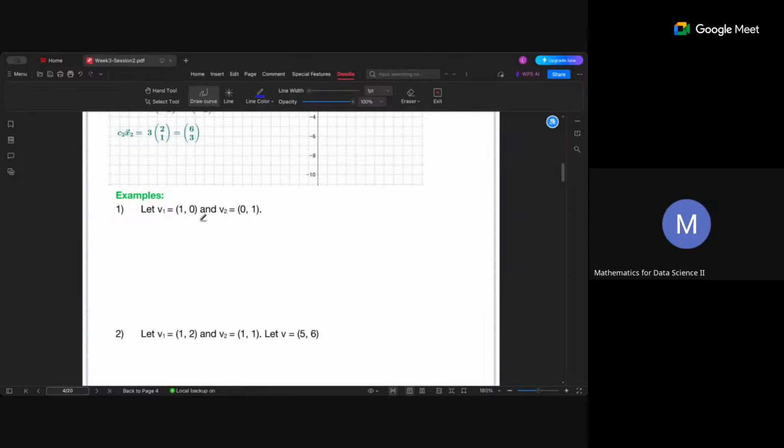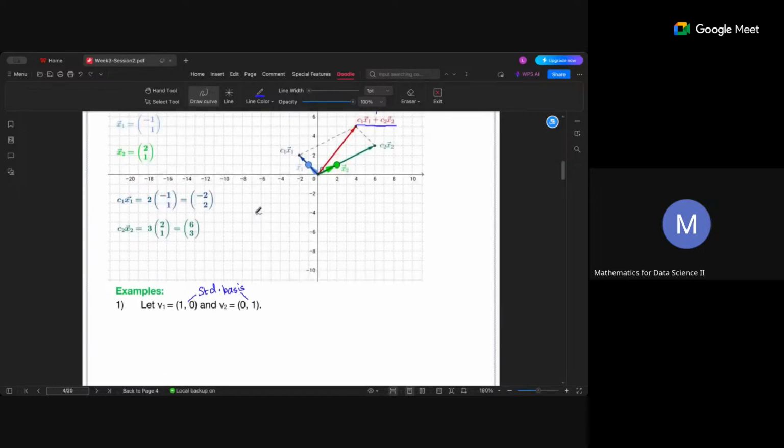So now let us consider these two vectors. These two vectors are very special and we will use them very frequently from now on. These are the unit vectors along the x-axis and y-axis, and this is usually called the standard basis. We have not yet introduced basis, but anyway, this is called the standard basis. (1, 0) and (0, 1), the unit vectors along the x-axis and y-axis.